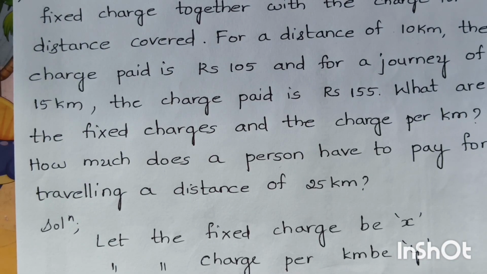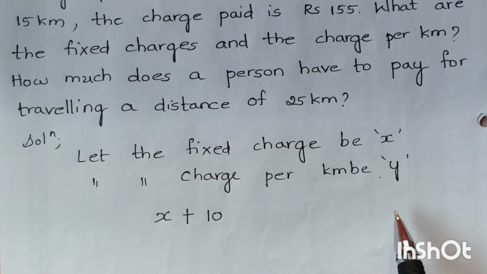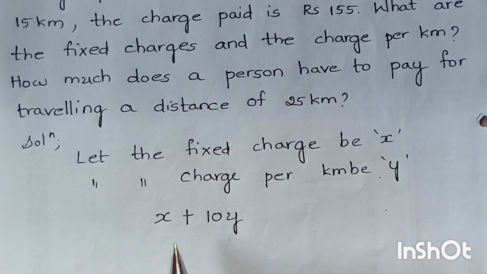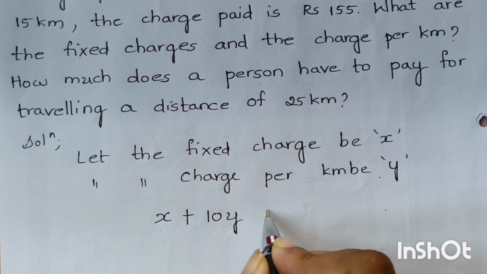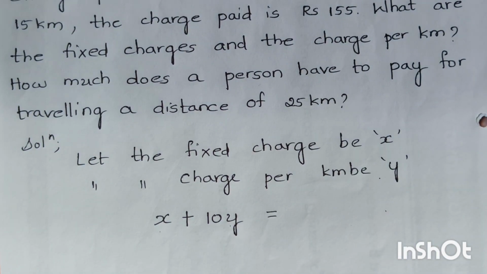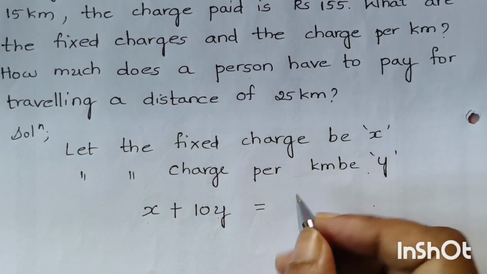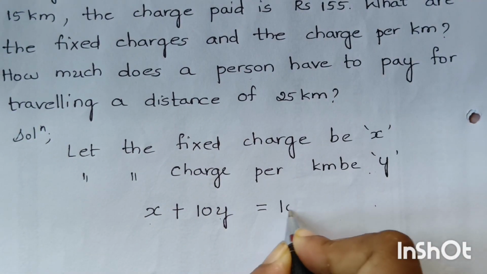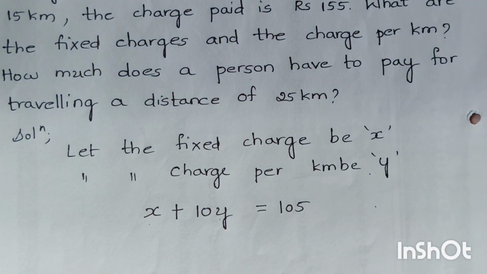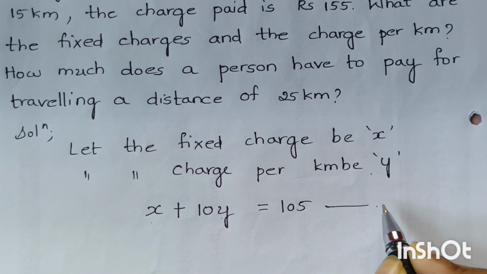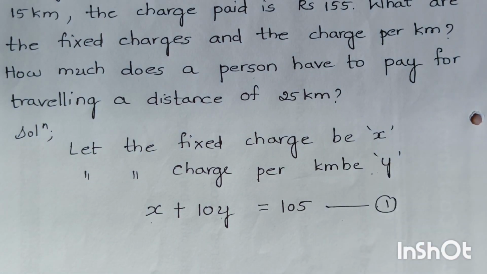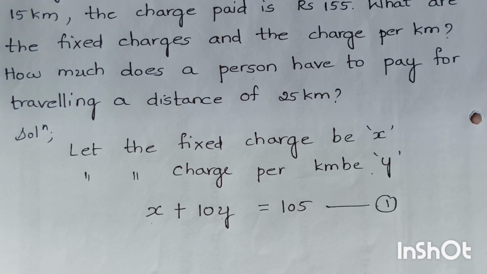Therefore, 10 into charge per kilometer, that is Y. X plus 10Y. Total how much rupees he has paid? He has paid 105. That is X plus 10Y is equal to 105. Consider this as equation 1. And look at the situation 2.